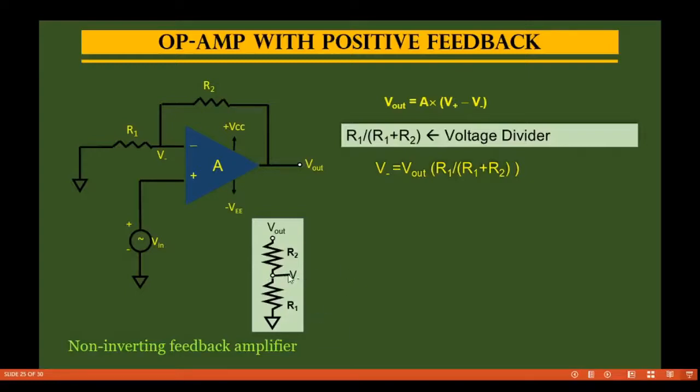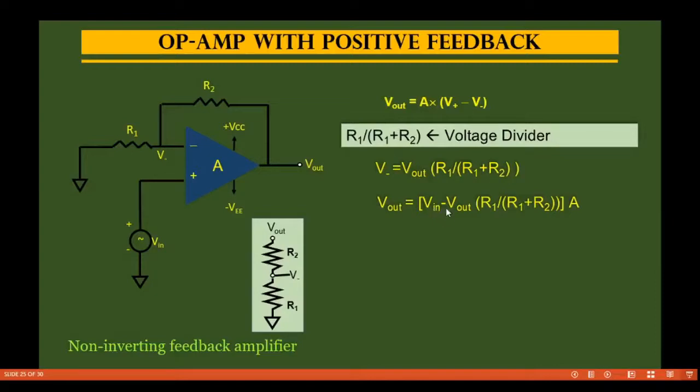And this R2 is fed by the Vout. So V negative is equal to Vout times R1 upon R1 plus R2.